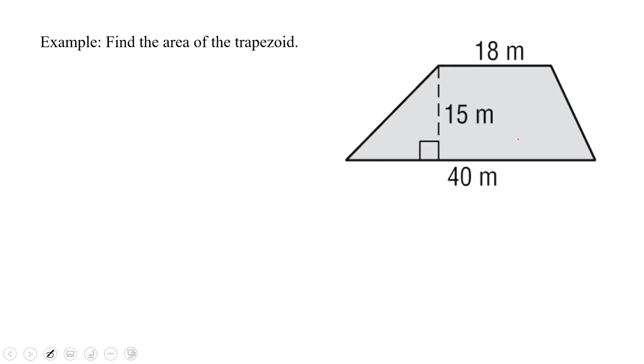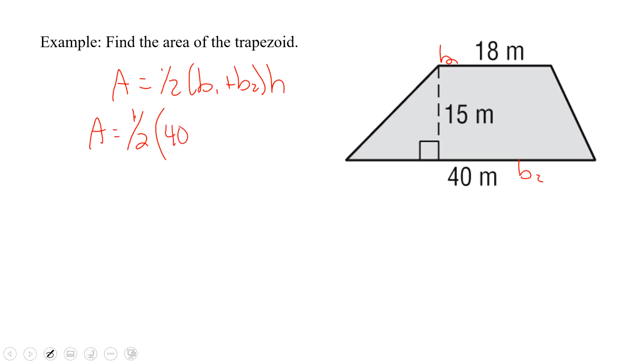So here's our example. Remember our area, I'll write it down. Area is 1/2 (b1 + b2) times my height. Well, I'm going to call this b1, this b2. So my area is 1/2 times (40 + 18) times my height of 15.